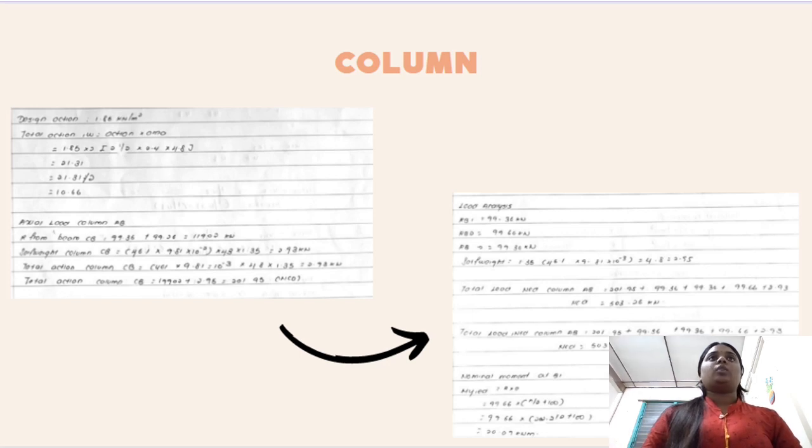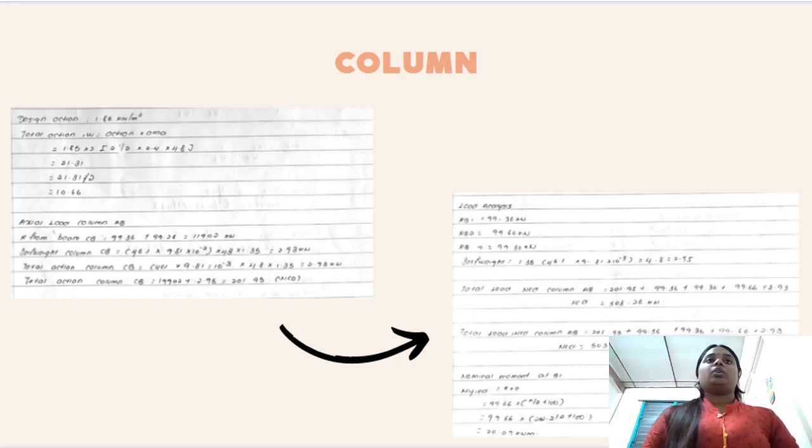So the design action is 1.85 kN/m², and the total action times area equals 1.85 times 2 bracket, 1 over 2 times 2.4 times 4.18, equals 21.31. And then 21.31 divided by 2 is 10.66.